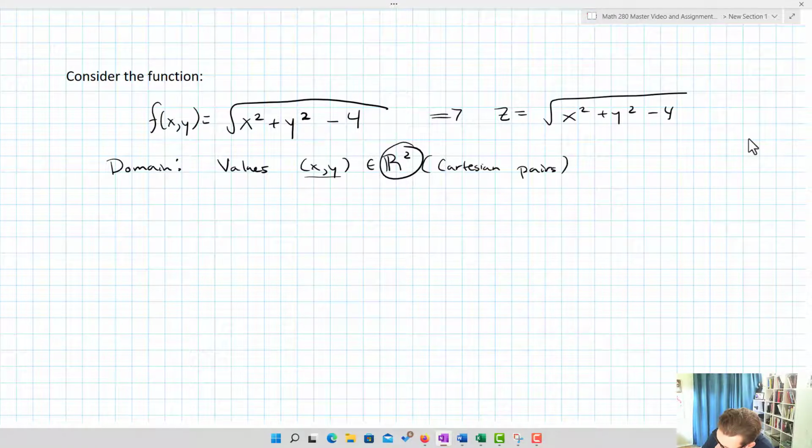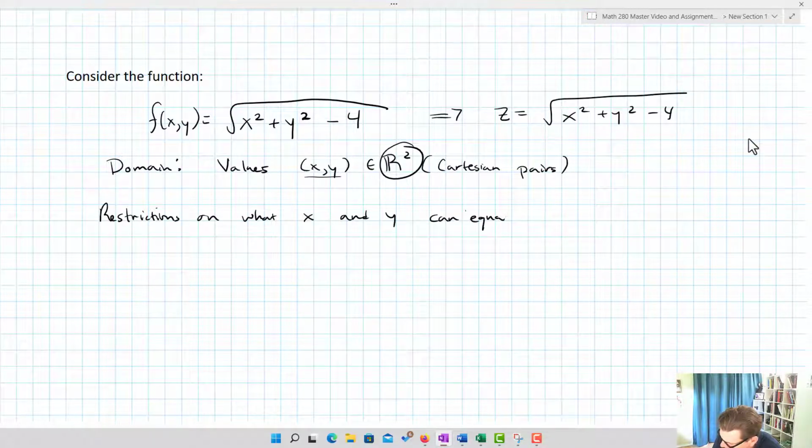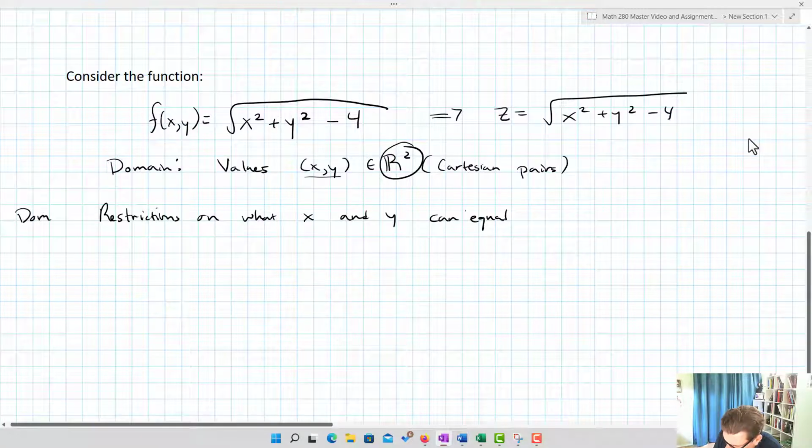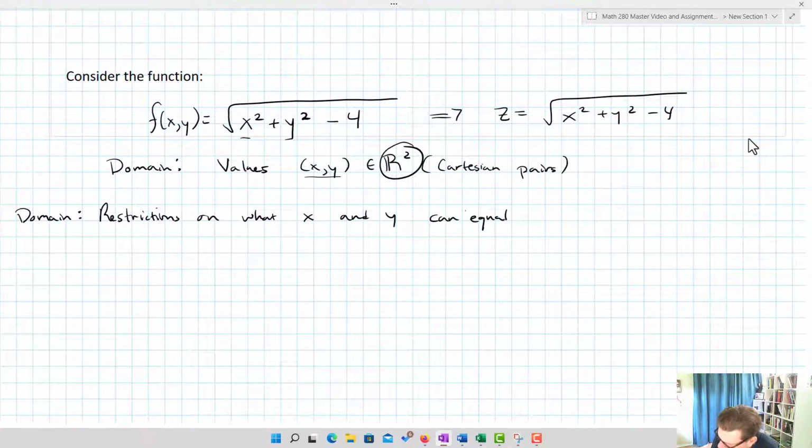And what I want to do is look at this function, and I want to ask myself, do I have restrictions on what x and y can equal? If I have any of those, that's going to end up becoming my domain, okay? So I look at x squared, I look at y squared, and I also look at this square root. And we know that when it comes to square roots, we have to have non-negative values under a square root.